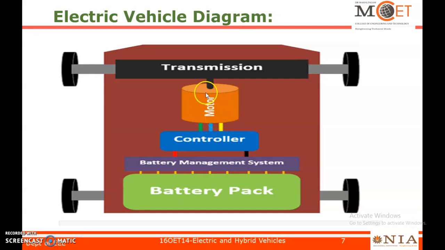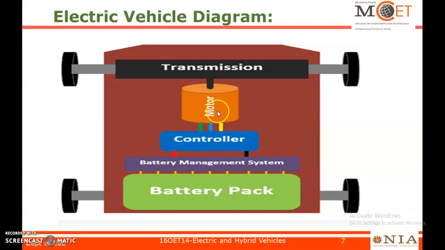For selecting the electric motor type, we have to select a high starting torque motor. Only then can it withstand the huge load all of a sudden or at the beginning. The high starting torque motors available are the DC series motor, permanent magnet brushless DC motor, permanent magnet synchronous motor, switched reluctance motor, and so on.